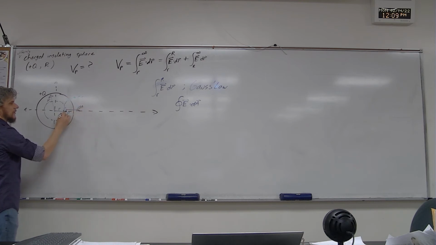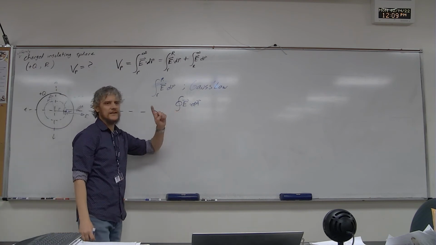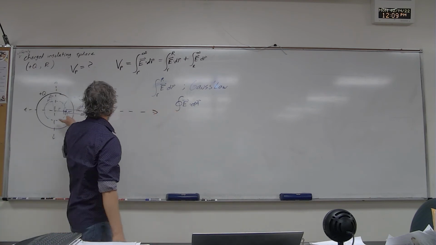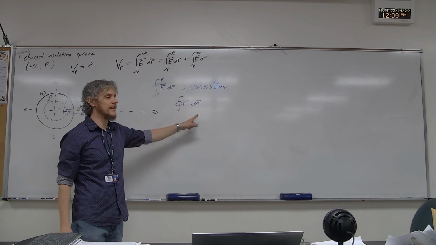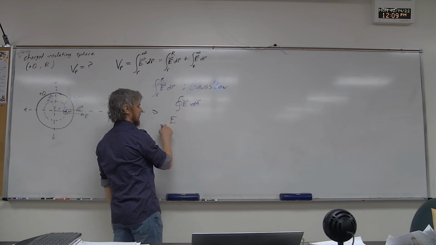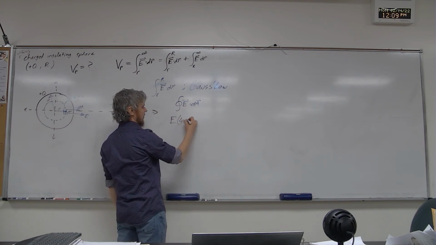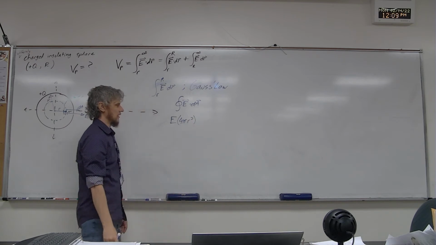The electric field through that dA will always be parallel, so the electric field is constant on that surface. So I just integrate dA, and I get the constant electric field times 4 pi r squared.